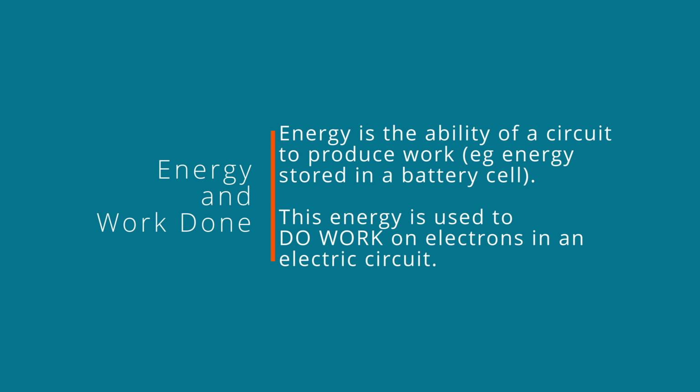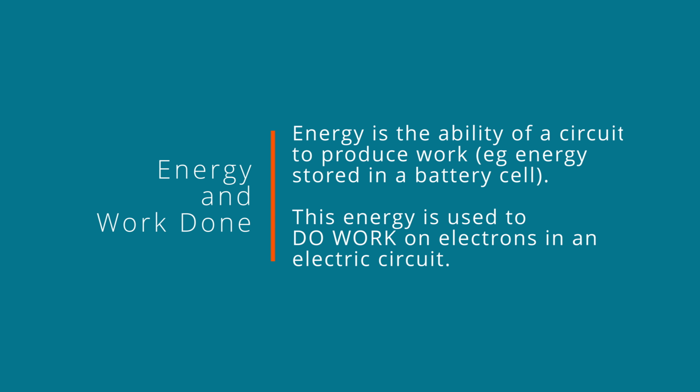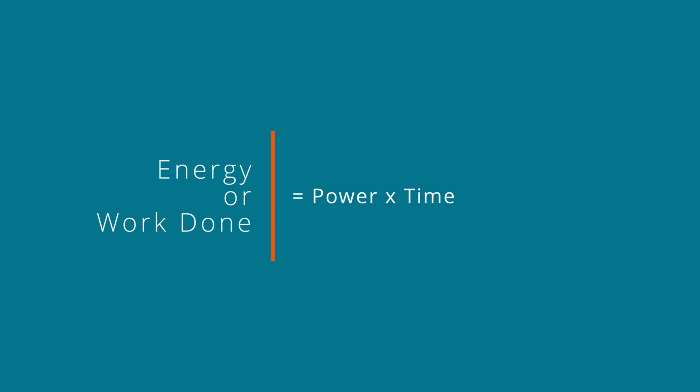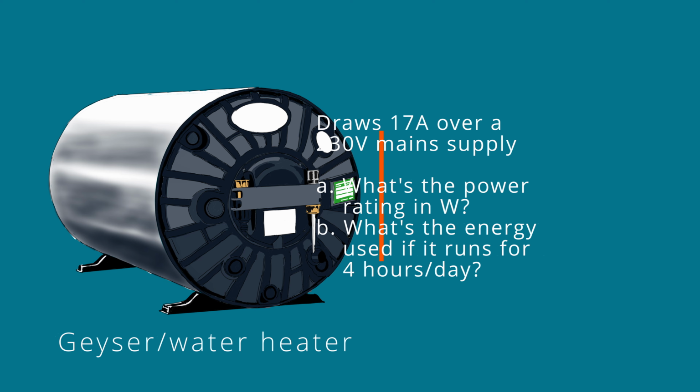Please note that we are using the terms energy and work done interchangeably. Now, since power is equal to work done divided by time, then energy or work done is equal to power times time. Now that we have discussed these two equations, let's put them to use by way of an example.